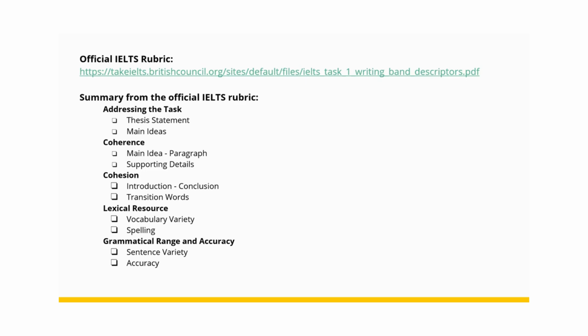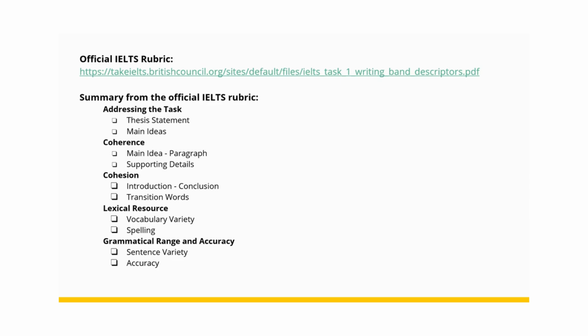Then spelling, of course, is very important, so make sure you practice very well before you take your test. And the last important point is grammatical range and accuracy. So it means your sentences are different. You are not using only simple sentences or only compound sentences. You have 4 different types of sentences that we discussed: simple, compound, complex, and compound complex.